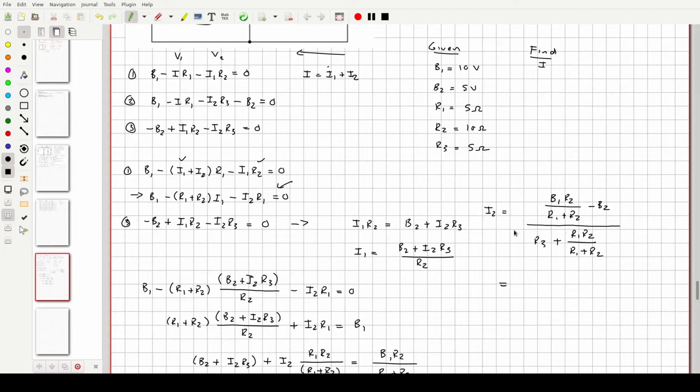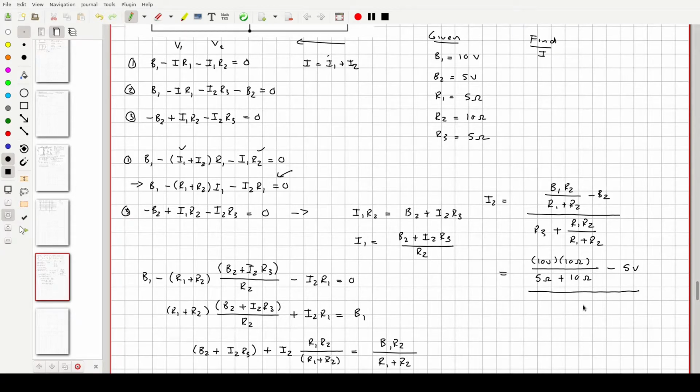And now it's just plugging stuff in. What's B1? That's 10 volts. What's R2? R2 is 10 ohms. That's divided by R1 plus R2. R1 is 5 ohms. R2 is 10 ohms. Minus B2, and that's 5 volts.